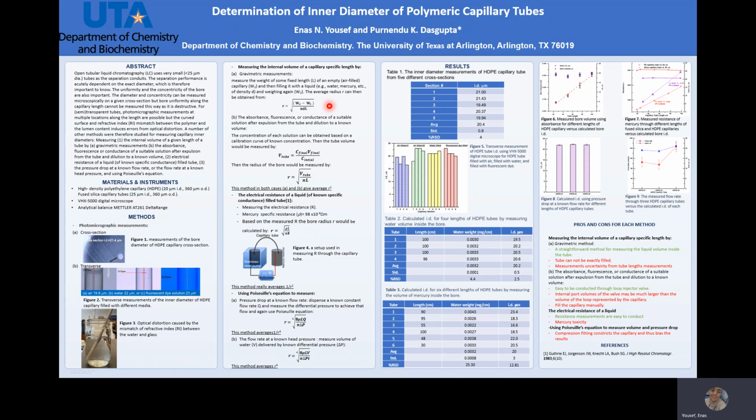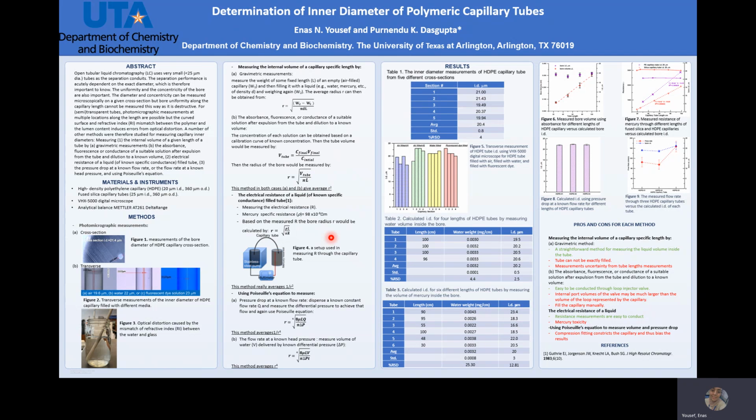Then the radius was measured using this equation. The second approach is the absorbance and fluorescence or conductance of the solution that was expelled from a tube. Then the concentration of this solution was measured using a calibration curve, and the radius was measured using this equation.